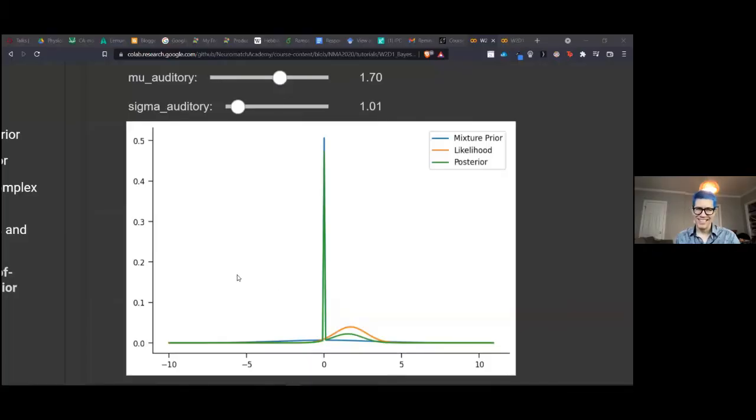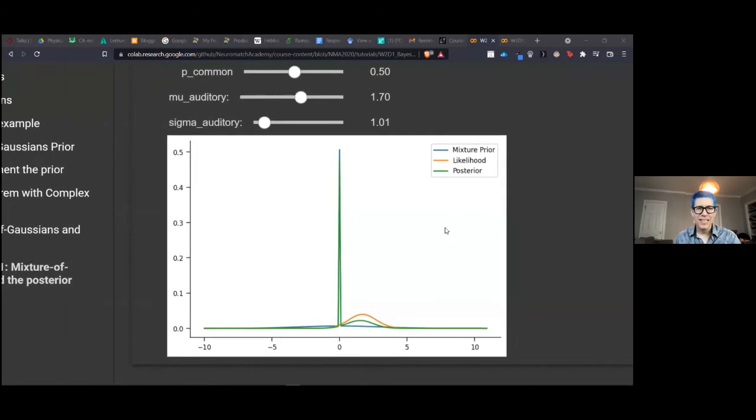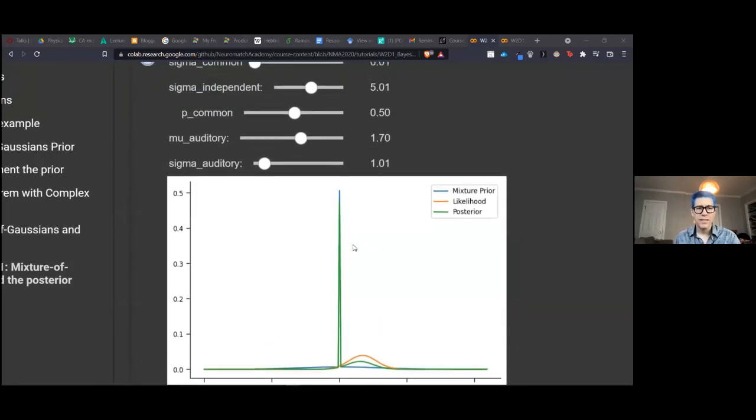I found another weird case in the code. May I share my screen? Sure, please, absolutely. Okay, I'm really not sure what is happening here, but I found that the likelihood can lessen my prior belief, the peak of my prior belief, with this new peak. Is that what this means? Yes.